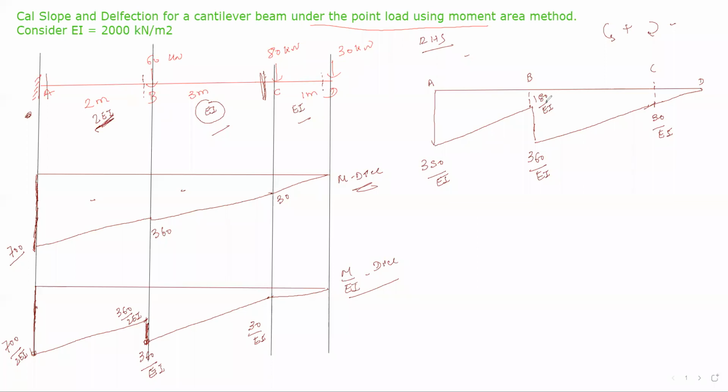Suppose I know the area of a trapezoid, but while taking the moment, you need to consider the center of gravity point of the trapezoidal area. Yes or no? If I am considering the area of this portion A to B, you are able to calculate the area of the A to B trapezoidal portion. But while calculating the moment, are you able to remember the center of gravity distance of the trapezoidal portion? Please confirm me. None of you will remember.